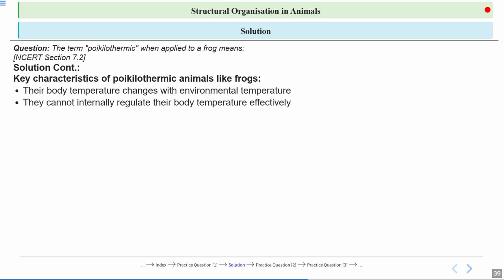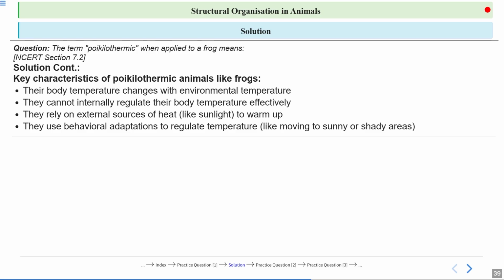So they cannot internally regulate their body temperature effectively. They rely on external source of heat like sunlight to warm up during the hibernation. And they use behavioral adaptation to regulate the temperature, right? They move to the sunny or the shady areas. So this is the behavior, right?